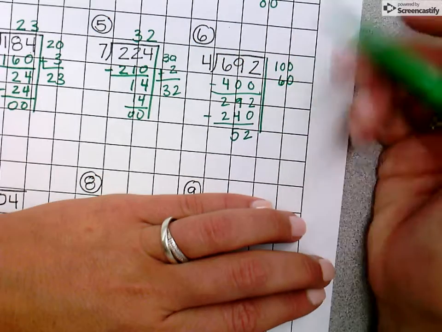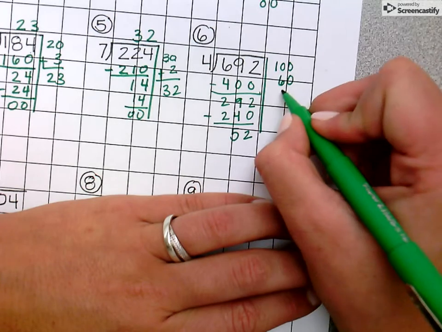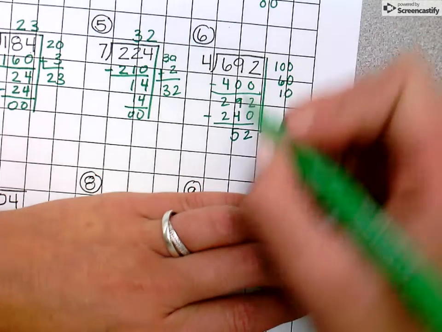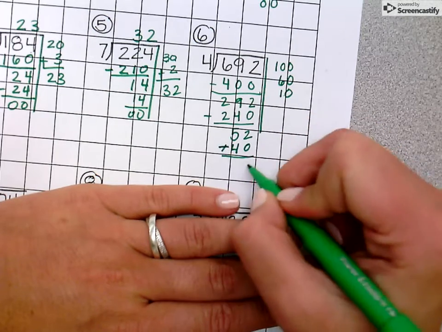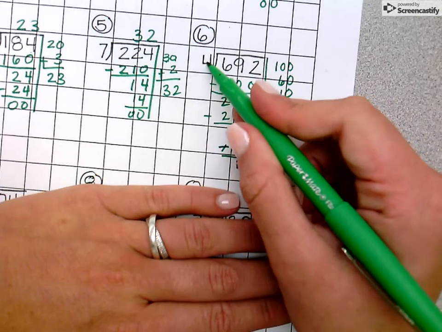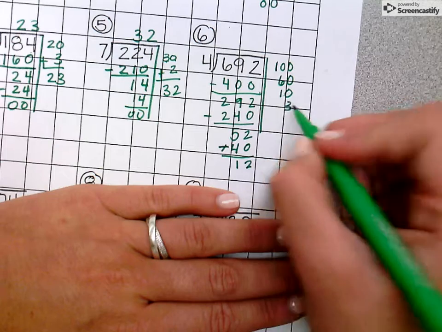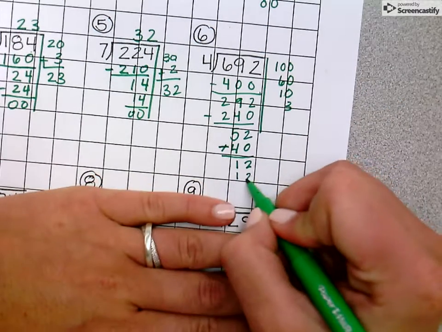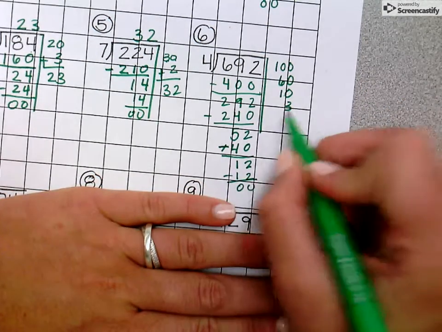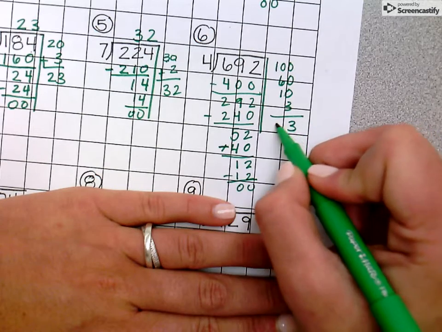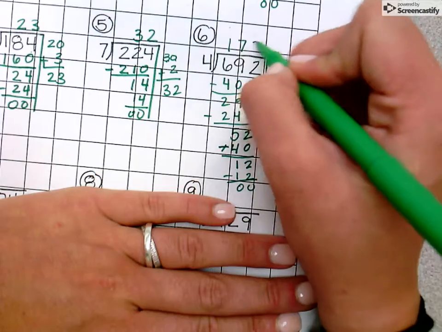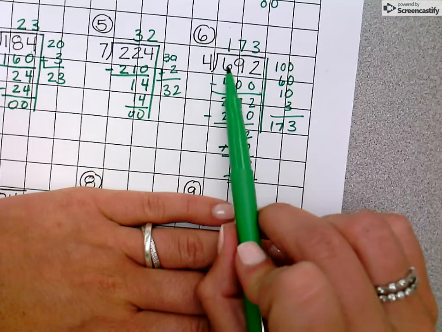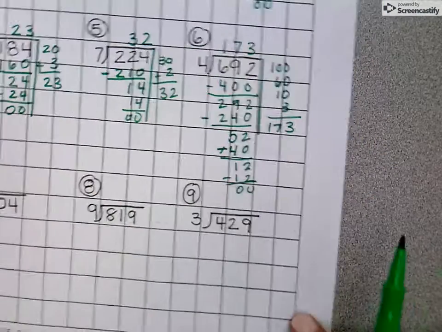How many times can 4 fit into 52? About 10 times, because 10 times 4 is 40. Subtract. How many times can 4 fit into 12? 3. 3 times 4 is 12. Nothing left over. Add them all up. 173. This one was a long one. 4 can fit into 692 173 times.